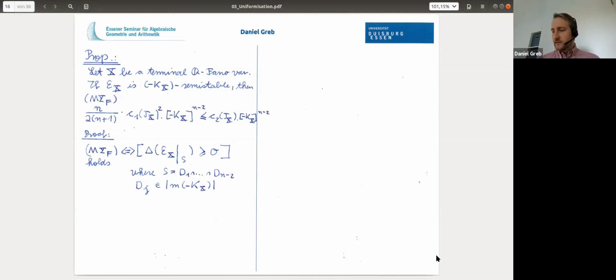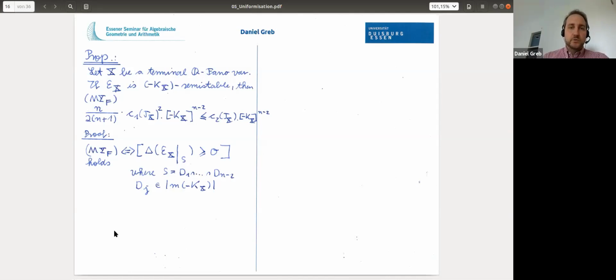After I observed this comparison, which I made using my camera a couple of minutes ago, namely that we already know that the Miyaoka-Yau looks like the discriminant of a rank n plus 1 sheaf with the same first and second Chern class as the tangent.